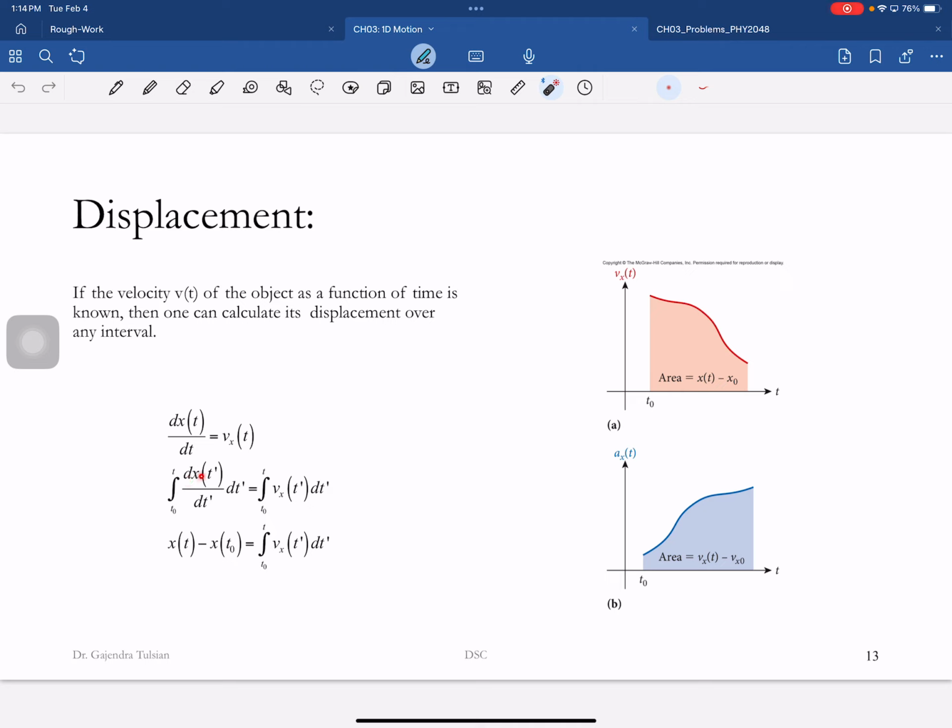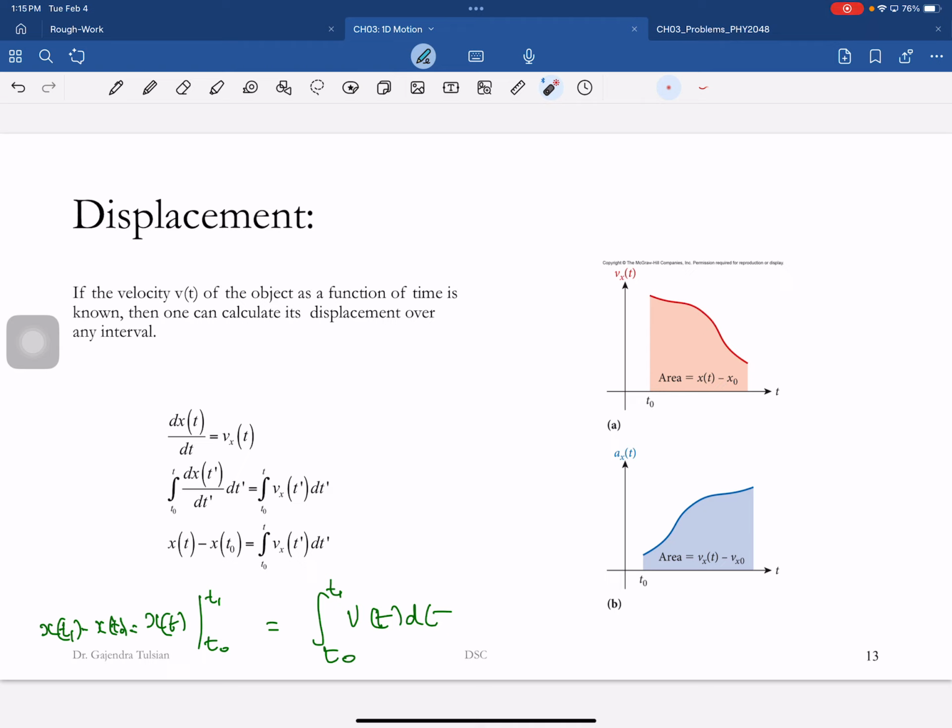And from the fundamental theorem of calculus, you just get x(t), evaluated at t1 and t0, equal to the integral of v(t) dt. I've just changed the notation slightly. So this is x(t1) minus x(t0). That's the displacement. This is the position at time t1. This is the position at time t0. That's the displacement, and that's equal to that integral.